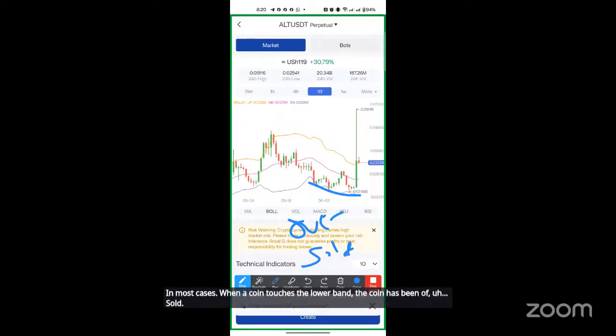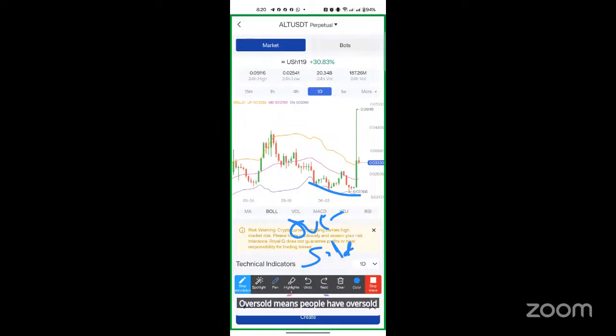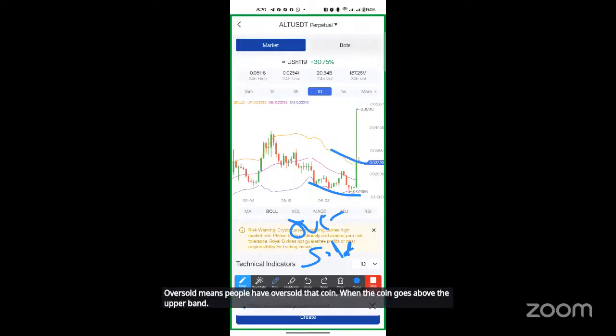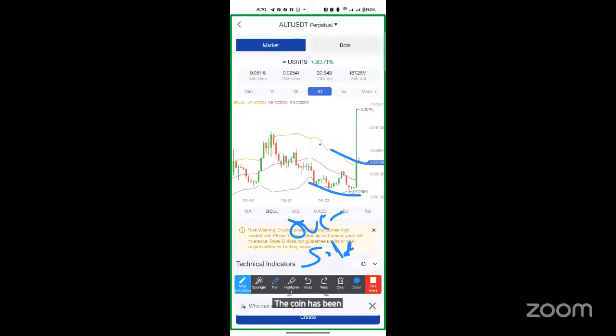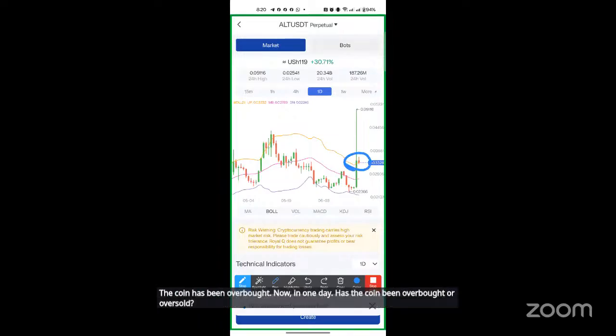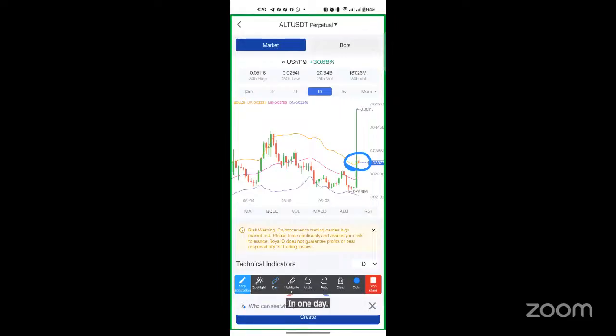Oversold means people have oversold that coin. When the coin goes above the upper band, the coin has been overbought. Now, in 1 day, has the coin been overbought or oversold?